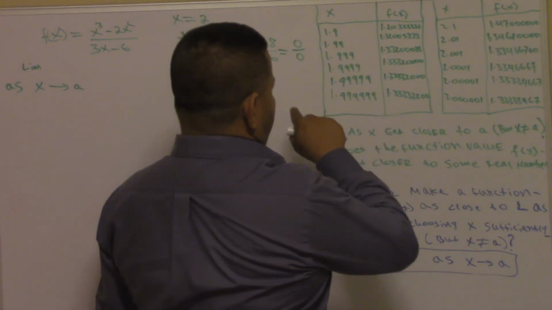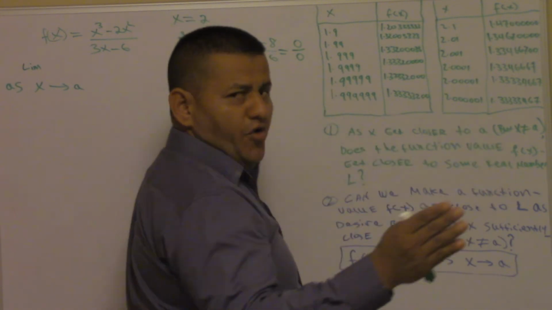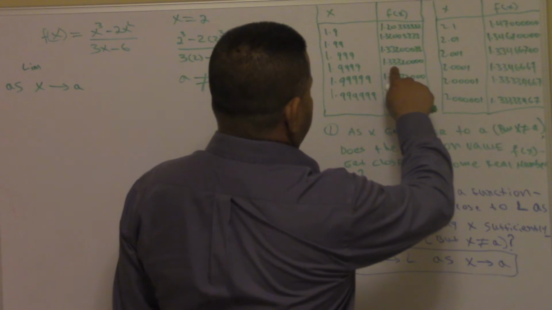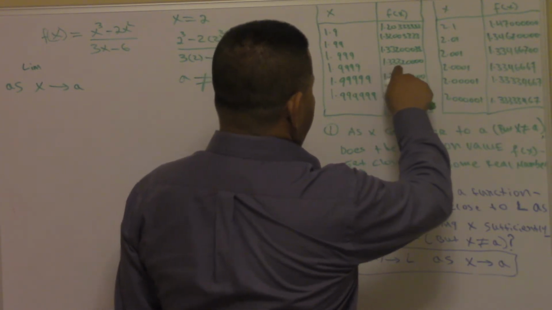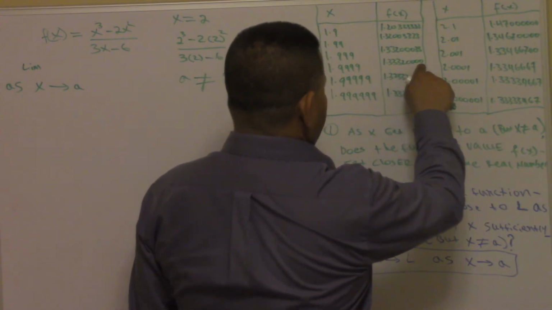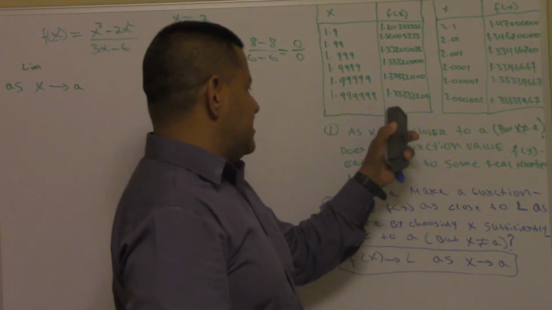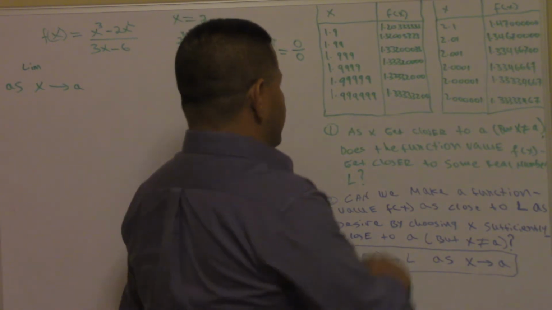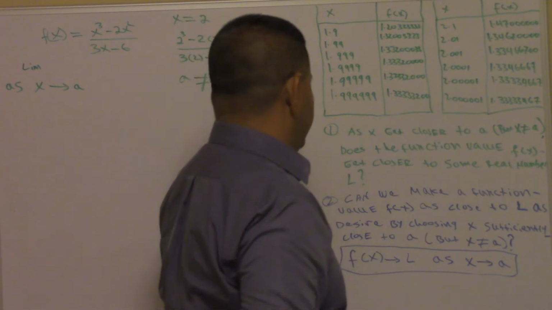Look, when I have four nines after the decimal point to the right, I get 1.3332000, all right, and so forth. Notice that this number almost stays constant. At the end, I got 333 after the decimal point.